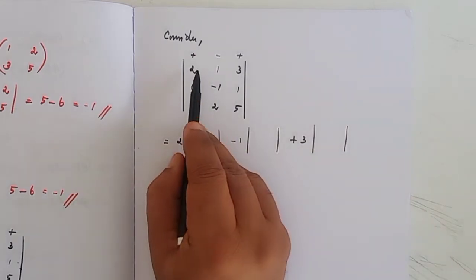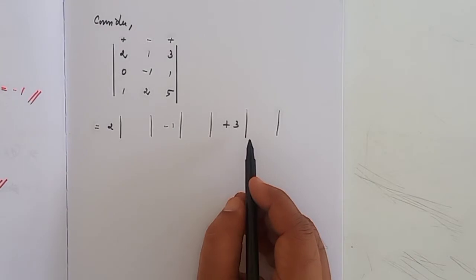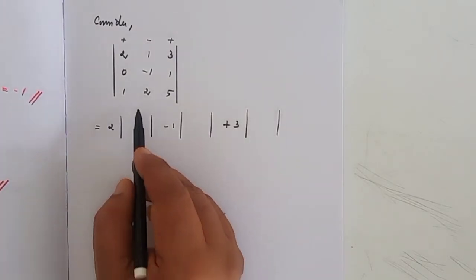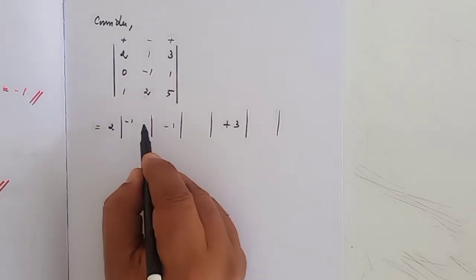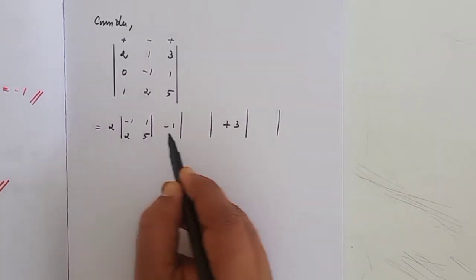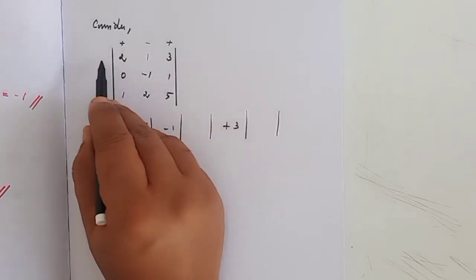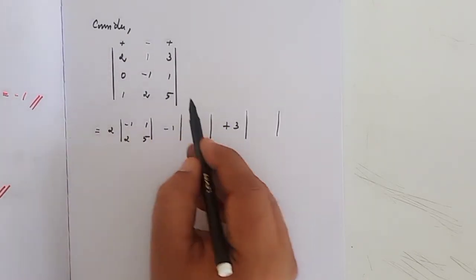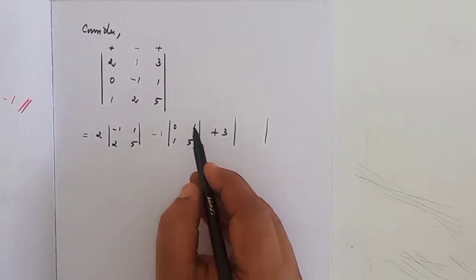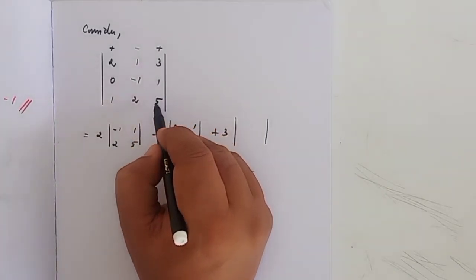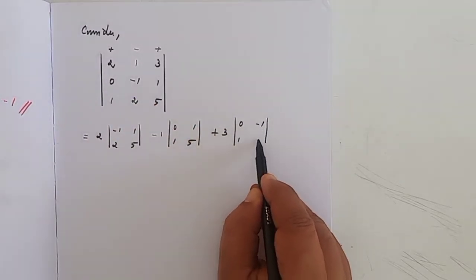Inside that 2 by 2 minor, leave this column and row. We have these 4 elements: minus 1, 1, 2, 5. The next one, for this element, leave this column and row. These 4 elements are left out: 0, 1, 1, 5. Next, last one, 3. Leave this column and row. These 4 elements are left out: 0, minus 1, 1, 2.